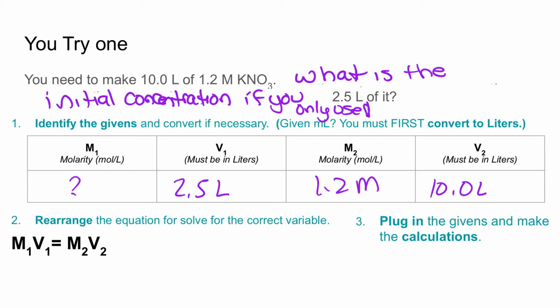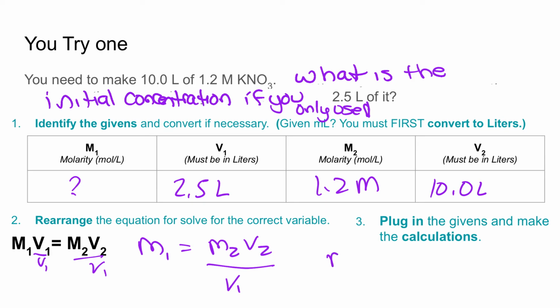So now step 2 is to rearrange the equation to solve for the correct variable. I'm solving for M1, so I'm going to divide both sides by V1. So we get M1 is equal to M2V2 over V1. And then plug in the givens.